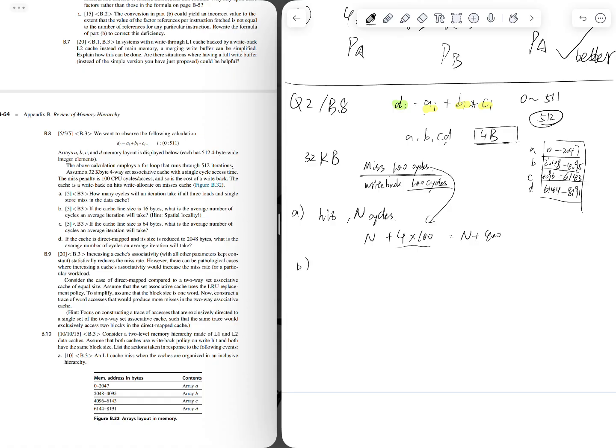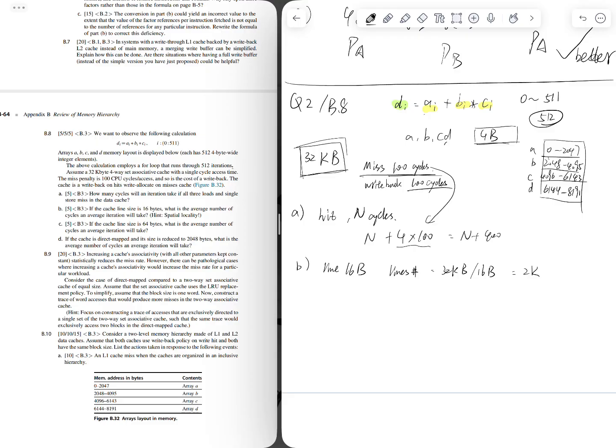Part B, cache line. Here we go with our cache. Each line is 16 bytes. So how many lines will we have? The number of lines will be 32 KB divided by 16 bytes, which is 2K.